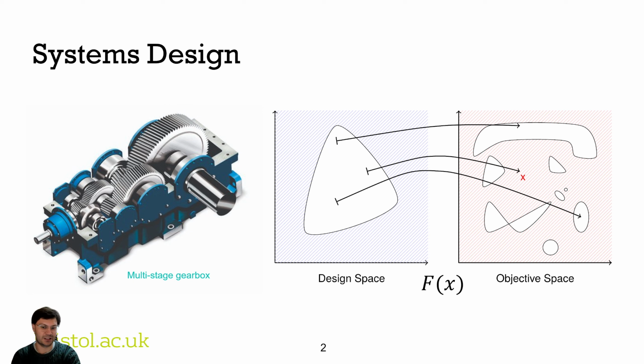Here we'd say it's like an f of x. Sometimes it's just simple Boolean checks whether things clash or overlap. Others are simulations that run computational simulations, such as here for the gearbox, to make sure we get the right gear ratio and the right power and torque coming out of that gearbox. So that takes us to this idea of an objective space, what we want to try and achieve from that design.